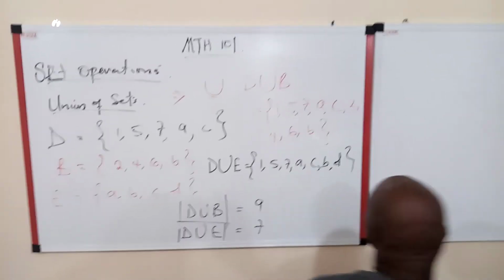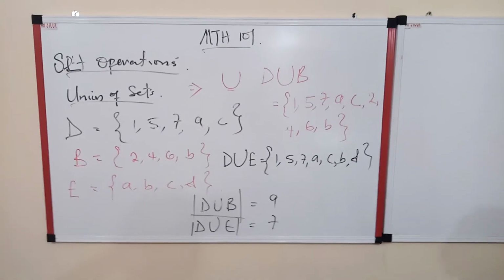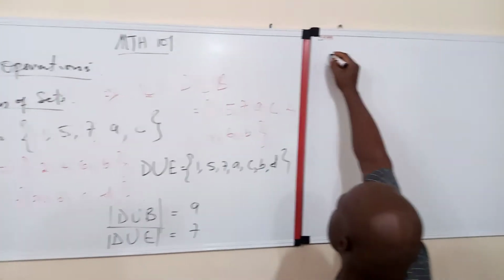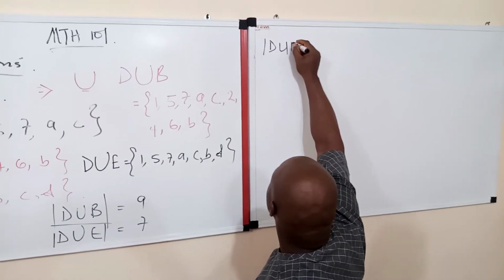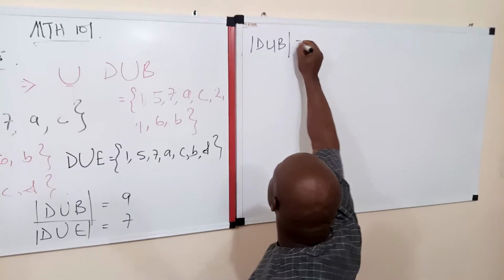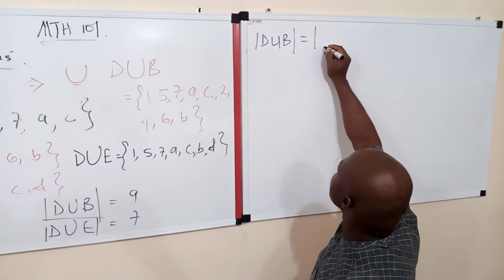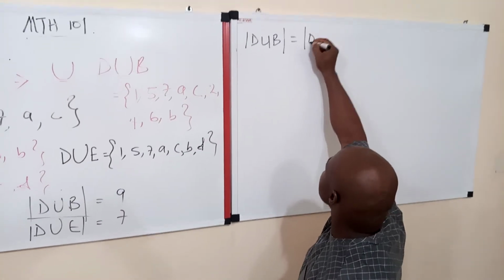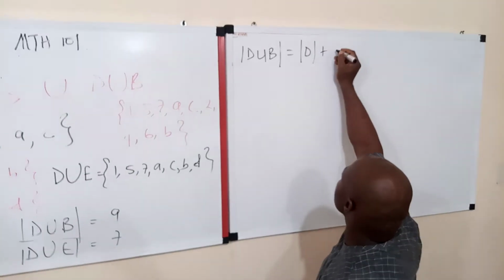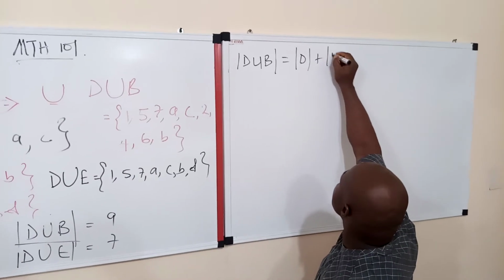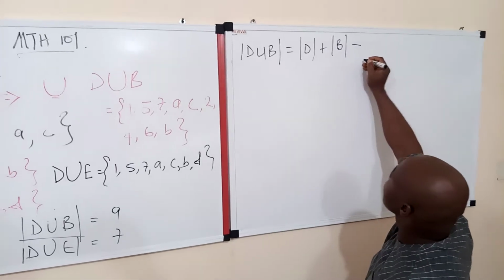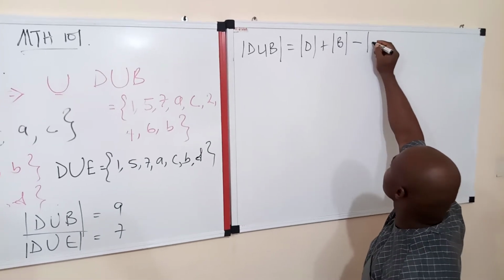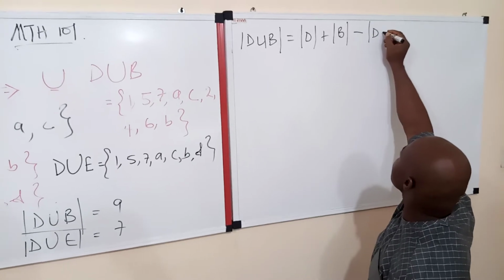If we are to determine the cardinality of the union of two sets, say D union B, we can write this as taking the cardinality of D first, plus the cardinality of B, then subtract their intersection.